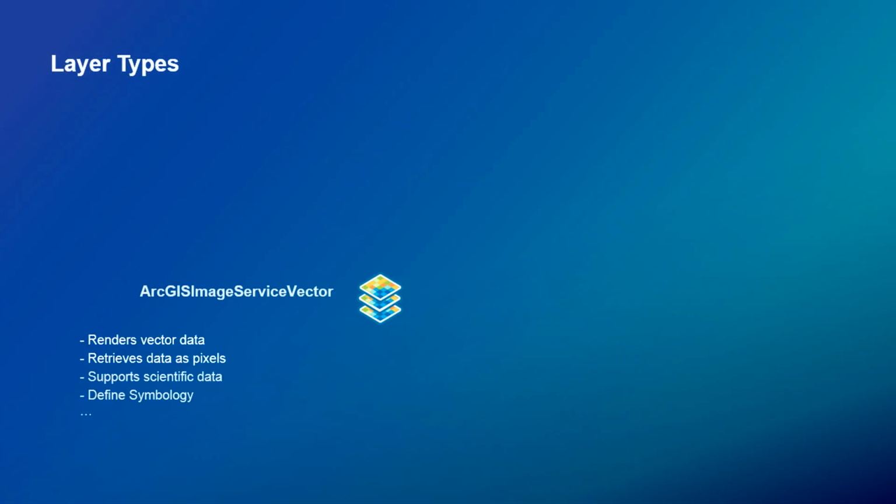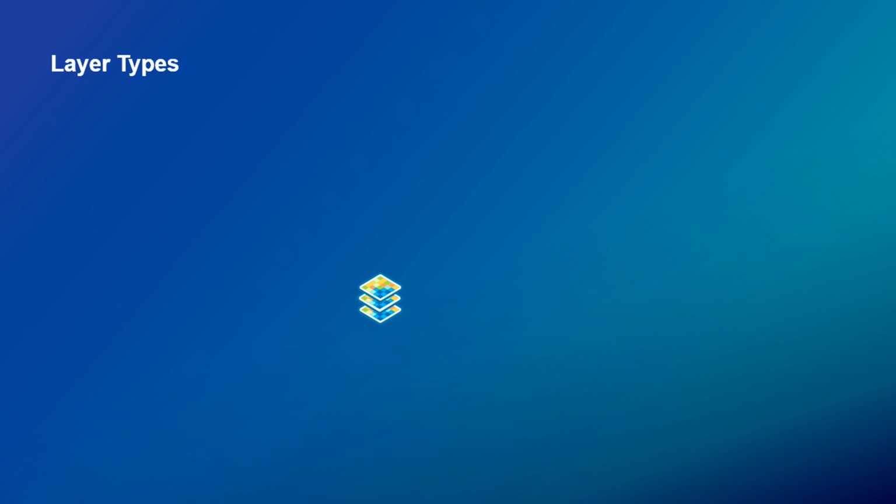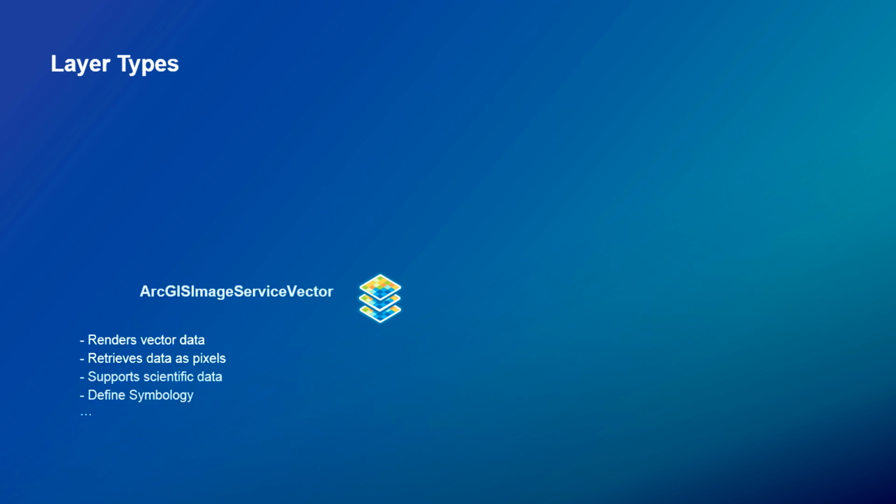So in the 4x API, we have 4 layer types, the image service layer, raster layer. Both of those capabilities are essentially covered by the imagery layer in 4x, but the 2 types that are not available are the image service vector layer and the WCS layer. So I would just talk briefly about those. So the image service vector layer renders imagery data as vector.